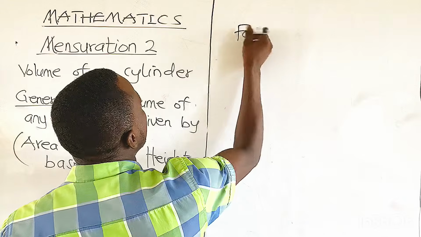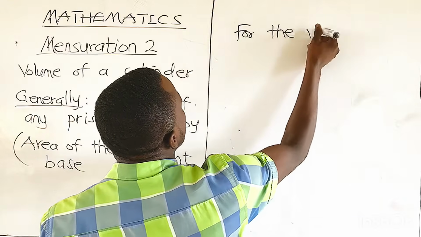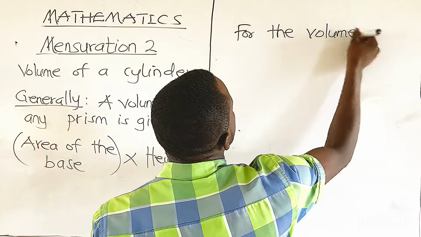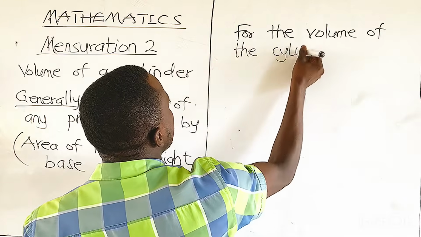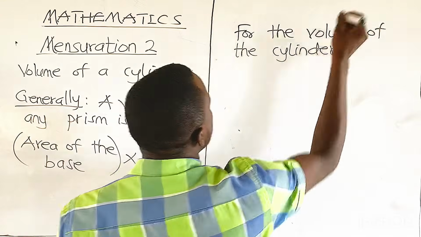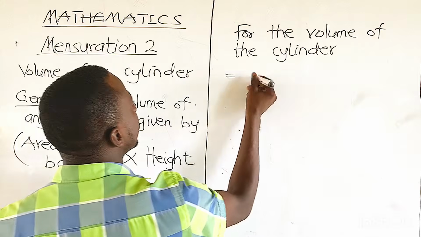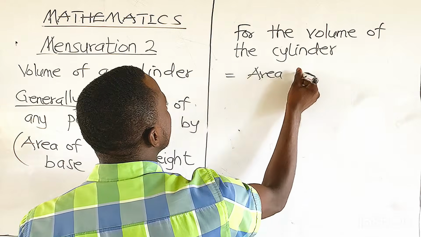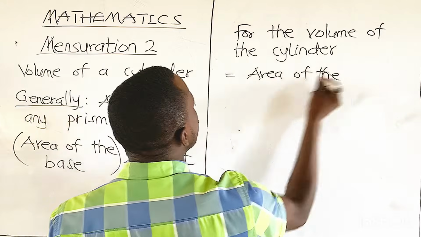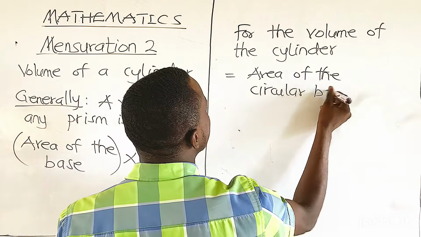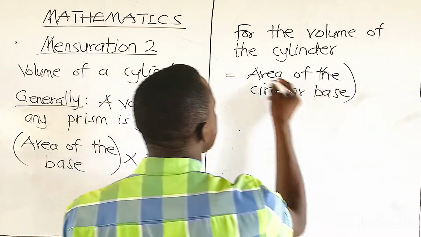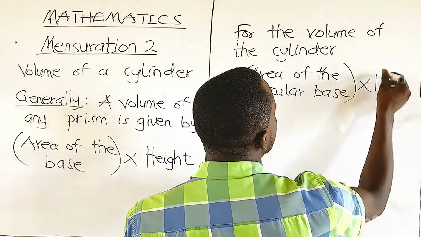So for the volume of a cylinder, it is going to be the area of the circular base times the height.